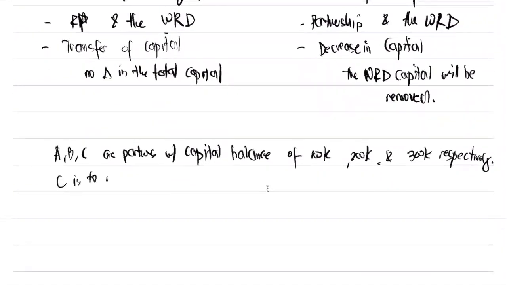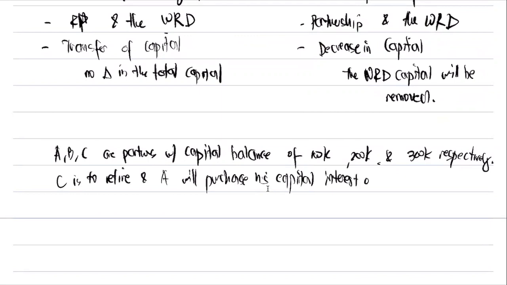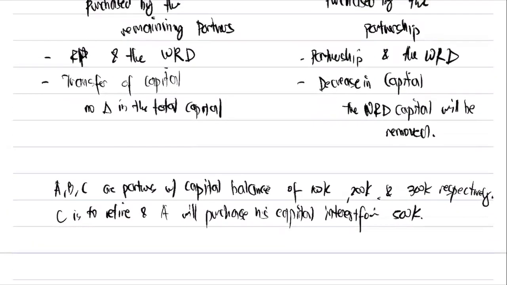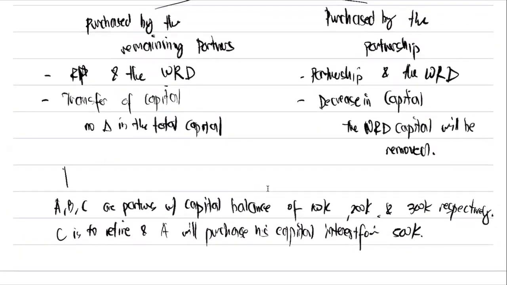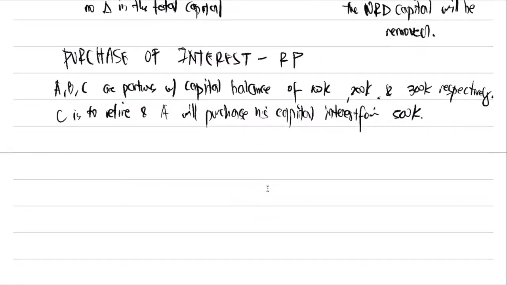C is to retire and A will purchase his capital interest for 500,000 pesos. So this is again purchase of interest by the remaining partners. So here C will retire and A will purchase.